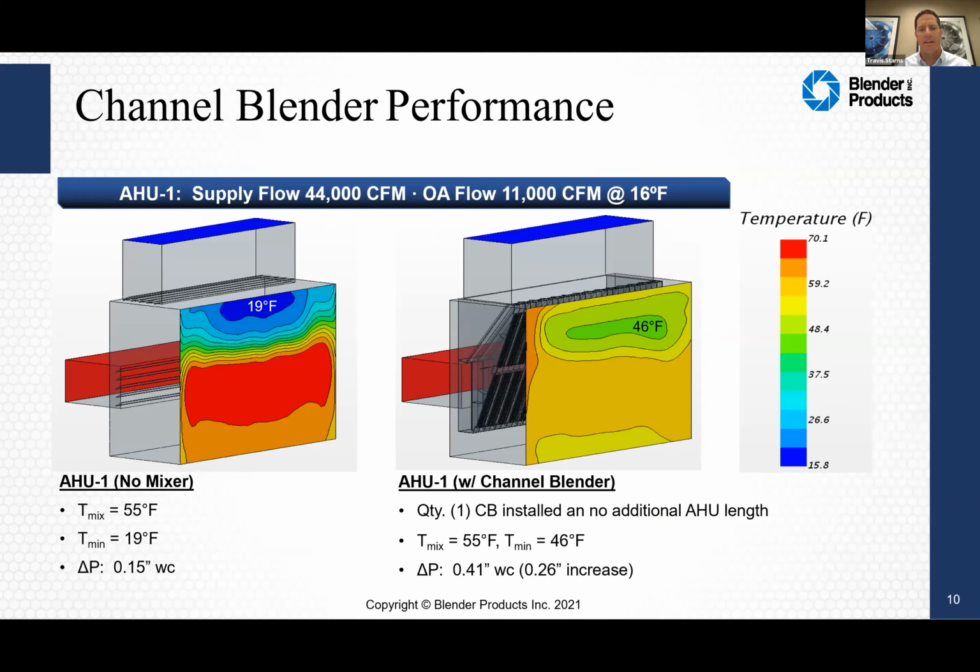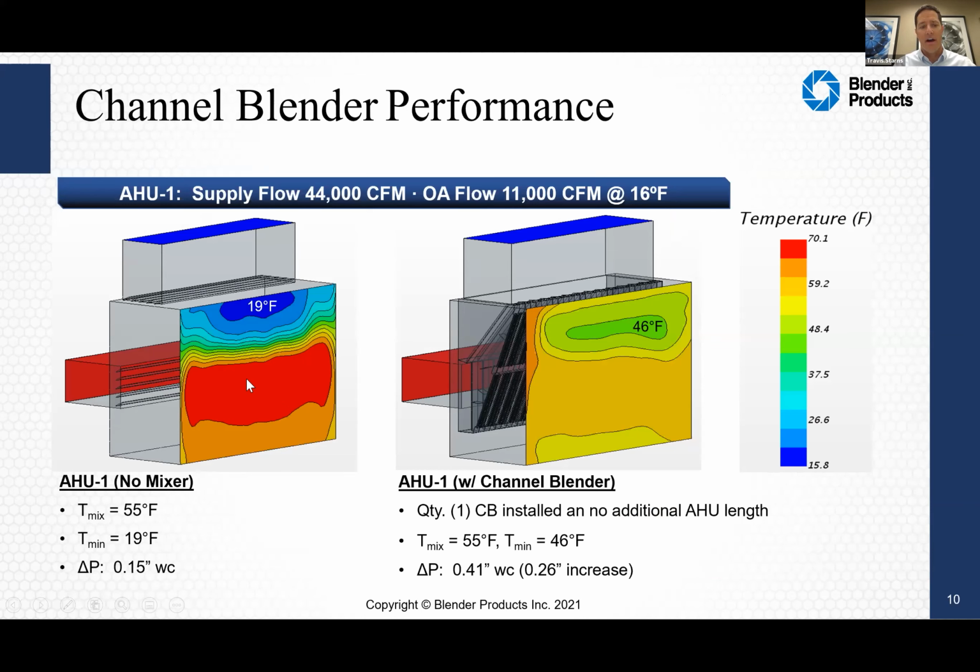So here's kind of our base case. This goes back to the CFD simulation shown earlier. On the left-hand side is a standard 44,000 CFM mixing box with a 25% minimum outdoor air requirement, and air is coming in at 16 degrees Fahrenheit. The control system is asking for a mixed air temperature of 55 degrees.